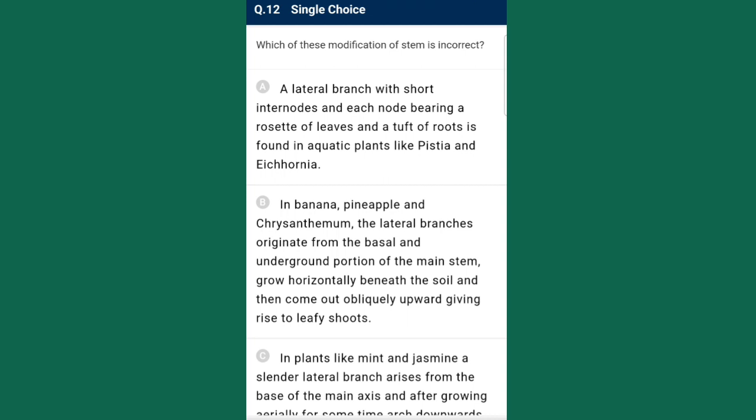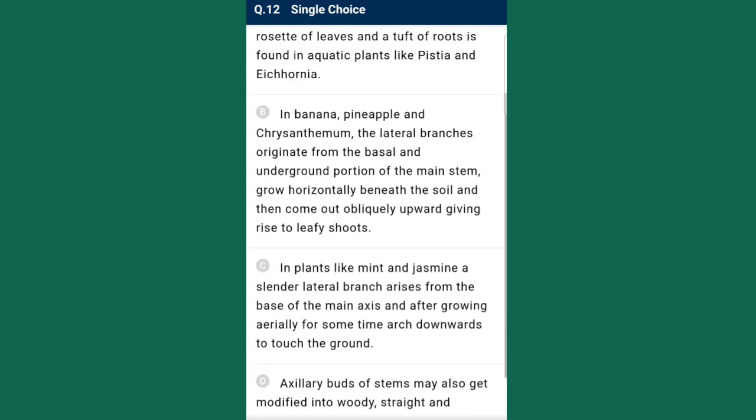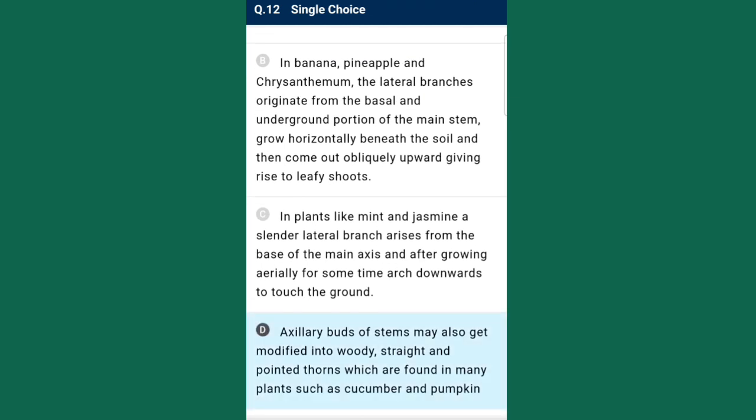In banana, pineapple and chrysanthemum, the lateral branches originate from the basal and underground portion of the main stem, grow horizontally beneath the soil and then come out obliquely upward, giving rise to leafy shoots which are called suckers. So the answer for this question is option D. Axillary buds of stems may also get modified into woody, straight and pointed thorns which are found in many plants such as cucumber and pumpkin.